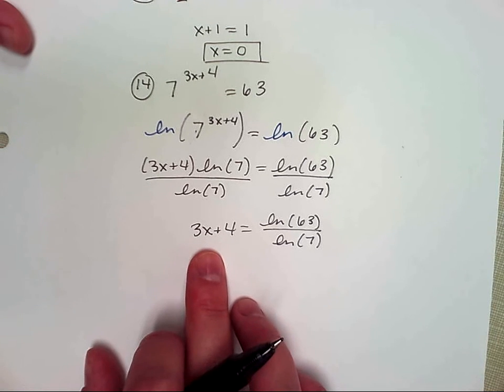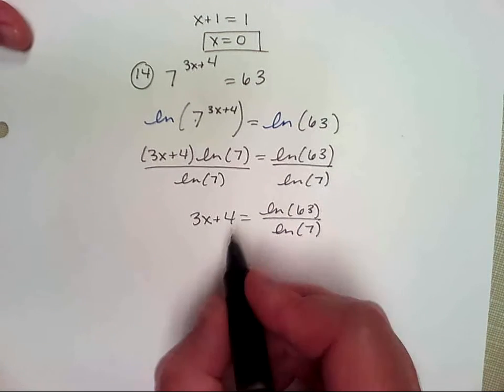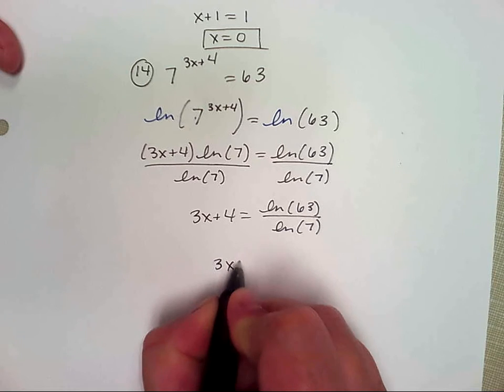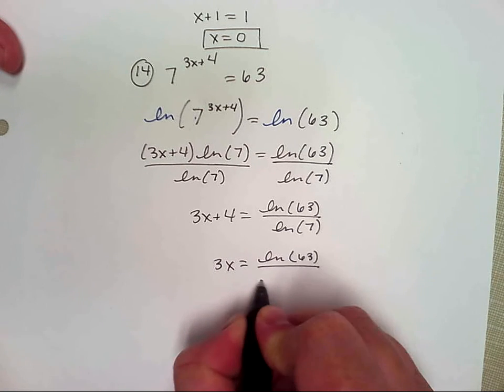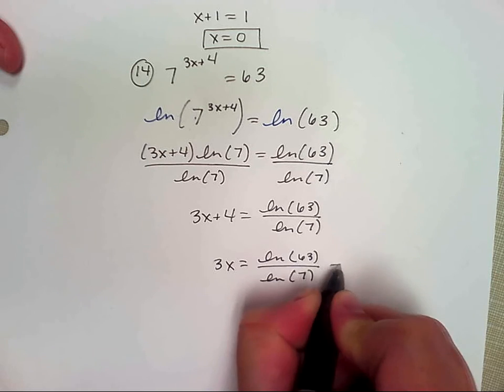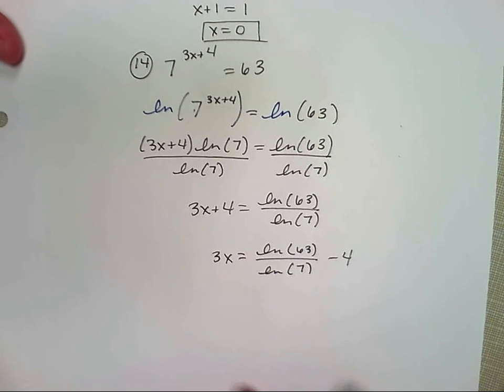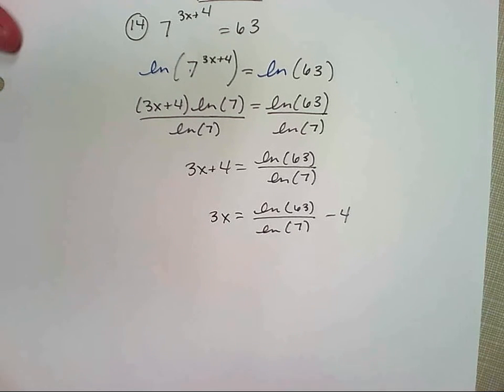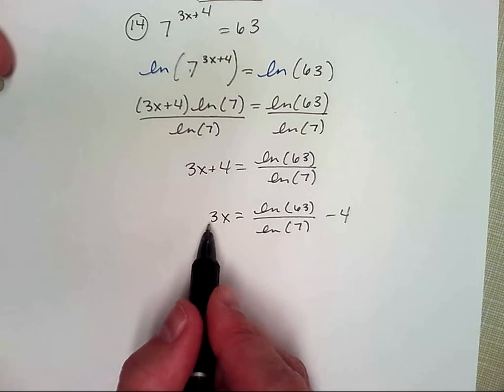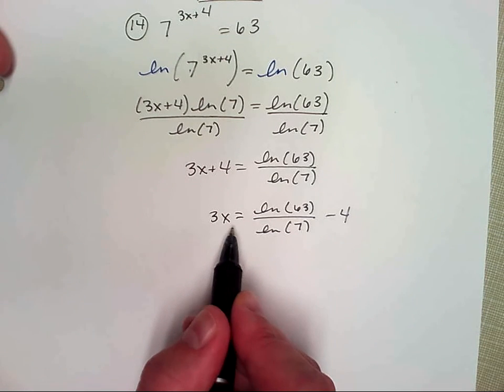So I get everything with an x on one side, everything without an x on the other. So I need to subtract 4 from both sides. And then what? Divide both sides by 3, because I have 3 times x. I'm trying to get x by itself.